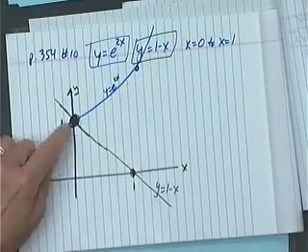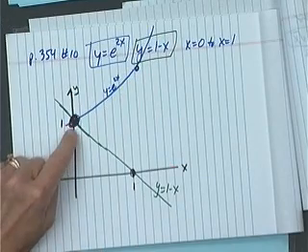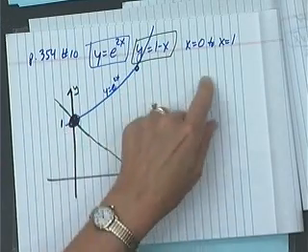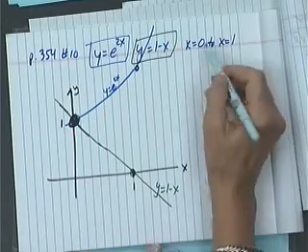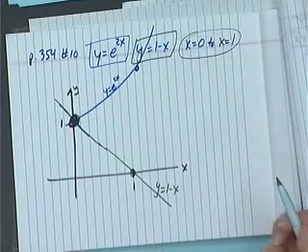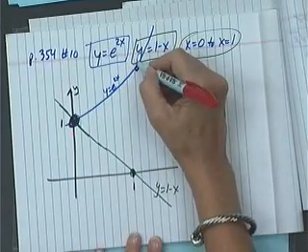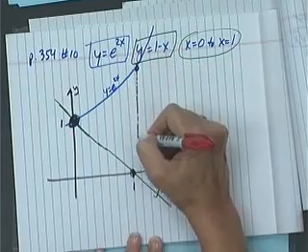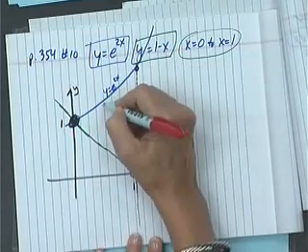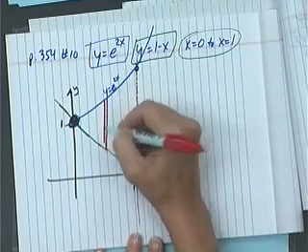Now these two curves only intersected here at the point (0, 1), but the instructions say to figure out the area between x equals 0 and x equals 1. So when x is 1, we're stopping right here. So here's our little elements of area.